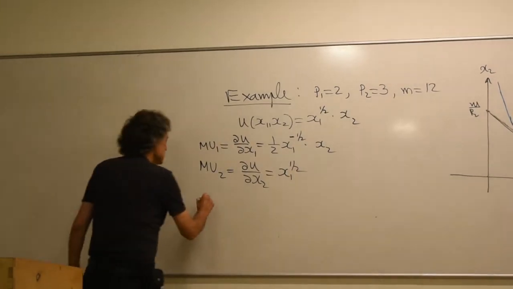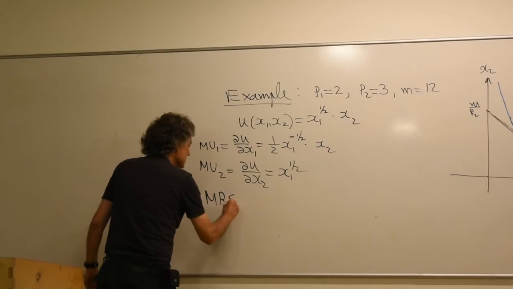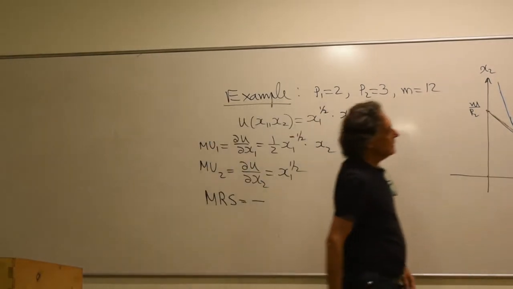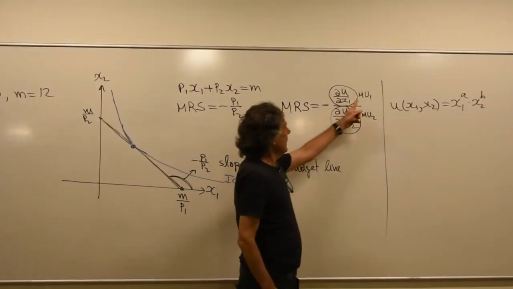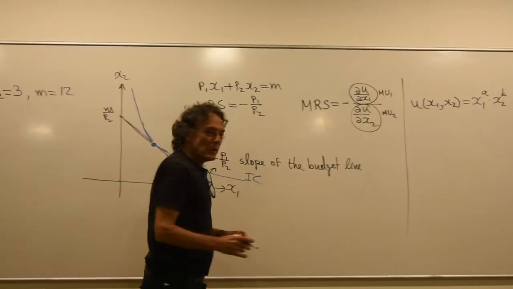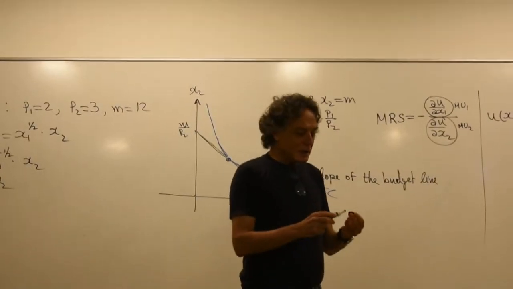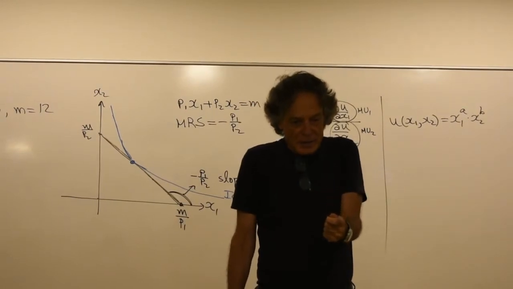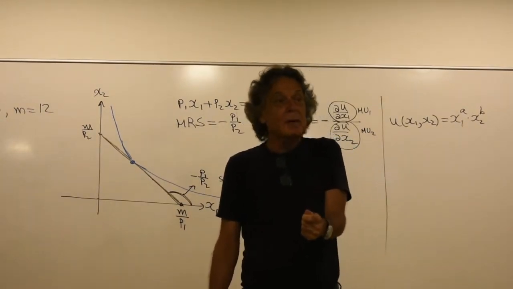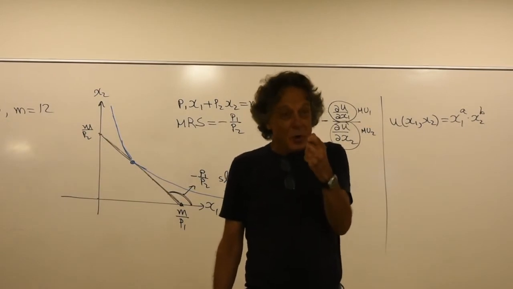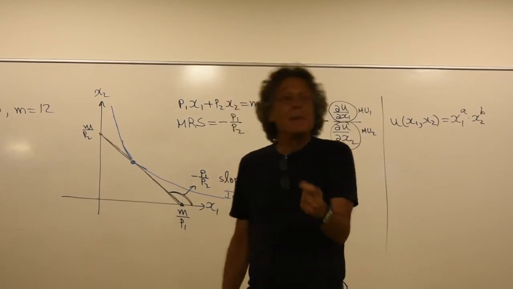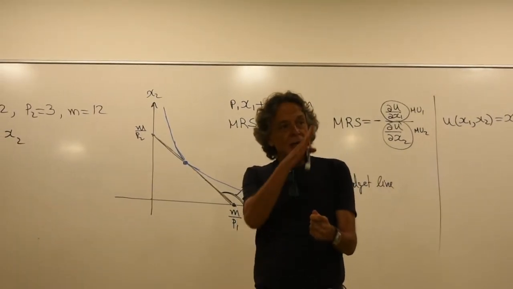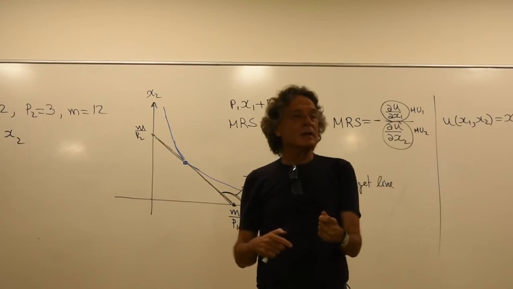So now I know what the MRS is. The MRS is negative mu1 over mu2. By the way, just to remind you, what is actually the MRS? At a point, suppose I want to increase x1 by a small unit. How much do I have to decrease x2 so that I'll stay at the same utility level?